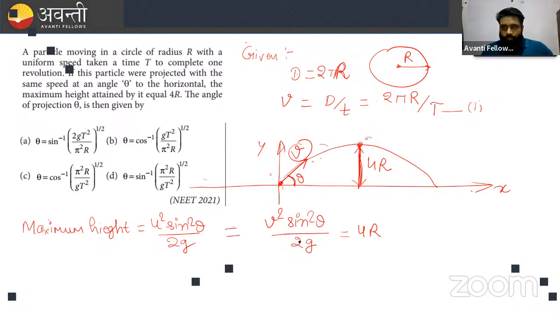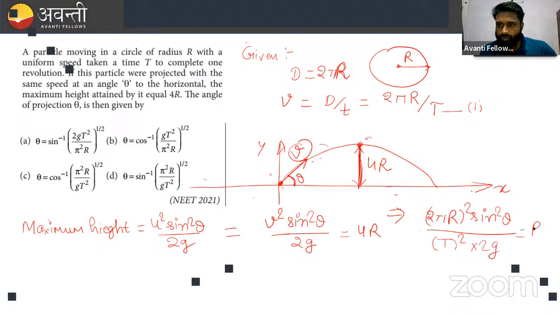Now we would like to put the value of v over here from equation number 1. What are we getting? It is (2 pi r) whole square sine square theta by T square 2g equals 4r.